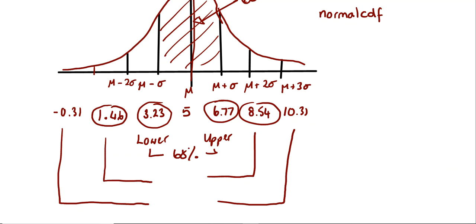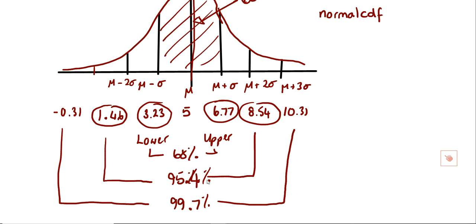So guys, what did you find for within 2 standard deviations? 95.4 roughly, and then within 3? 99.7. Okay, so what you can see is a normal distribution is not just about the shape.